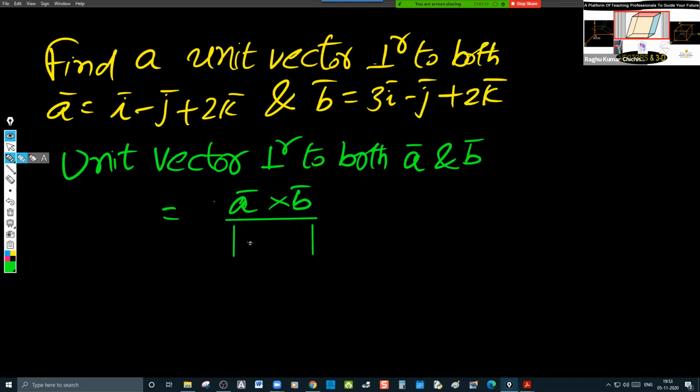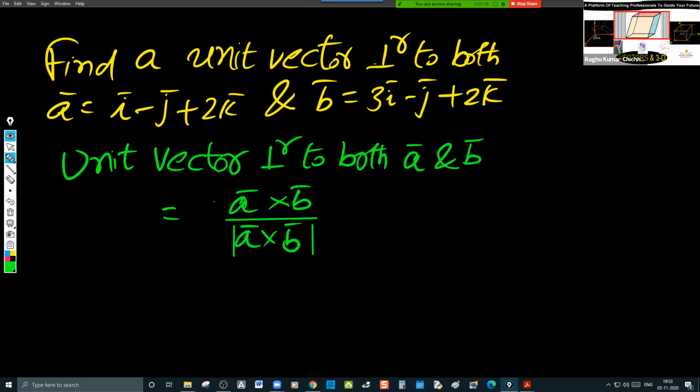After finding the cross product, to make it a unit vector, divide that vector by its magnitude, and it is plus or minus.